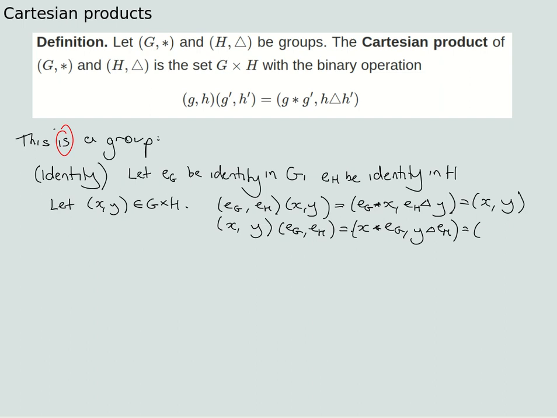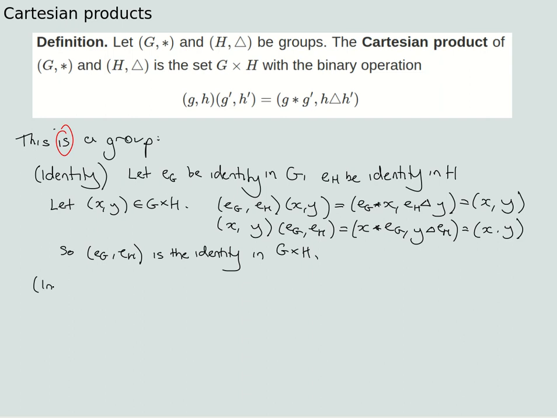But of course, since e_G is the identity in the group G, x * e_G is just x again, and since e_H is the identity in the group H, we get y again here. So the element (e_G, e_H) satisfies the identity axiom. It is the identity element in G × H. Okay, so the identity axiom was fine.